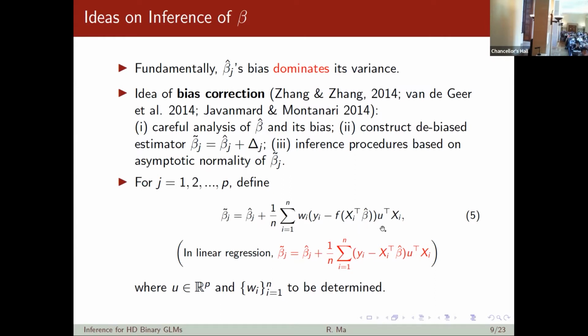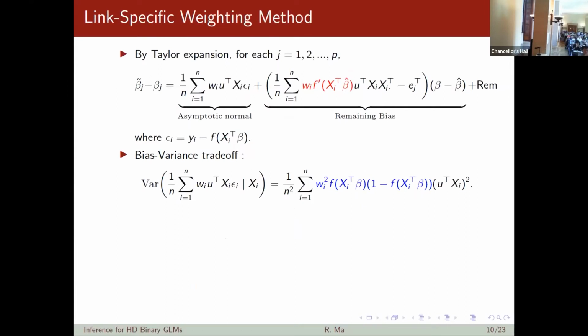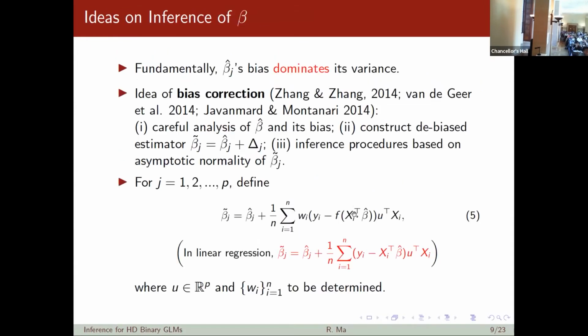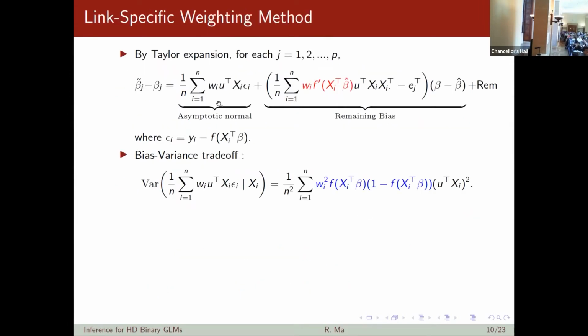Another parameter that needs to be determined is this u vector, which is usually called the projection vector. Basically, we want to choose this u and W so that the final beta tilde satisfies some satisfactory properties. Here I give a brief discussion of how we choose these two parameters. We start by considering the error decomposition of this debiased estimator, which can be directly obtained by using the formula here, equation 5, and the binary GLM itself.